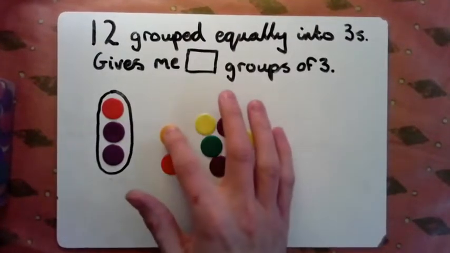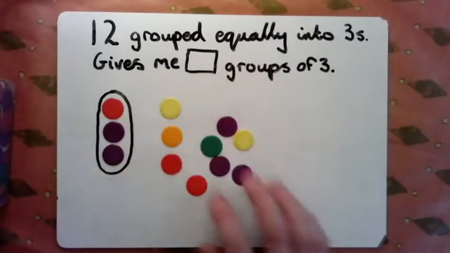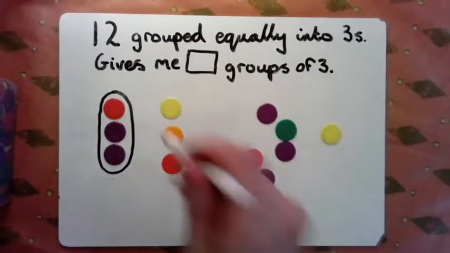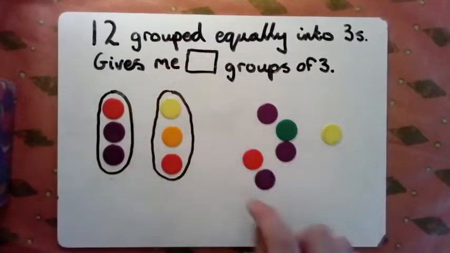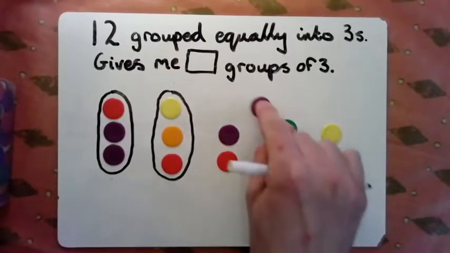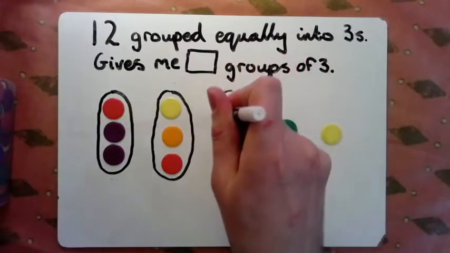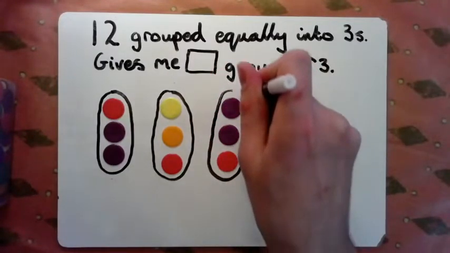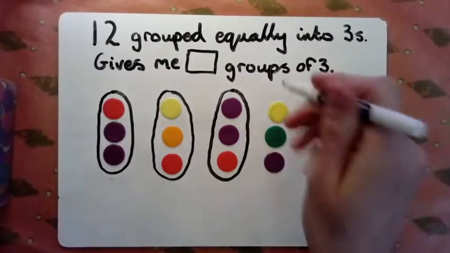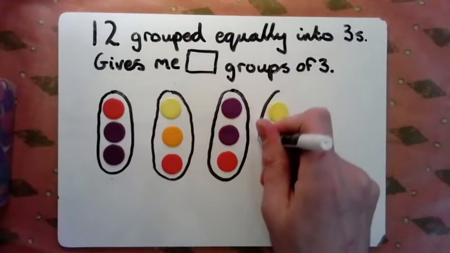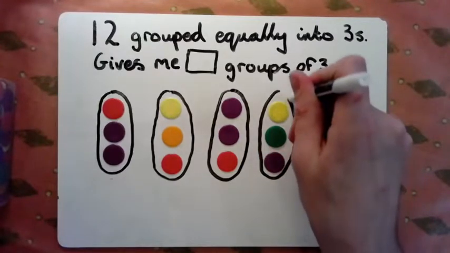Okay, so I've got my next group of 3. So 12 grouped equally into groups of 3. A good way of remembering this is explaining it to other people whilst you're doing it, saying I've got 12 and I'm putting them in equal groups of 3.